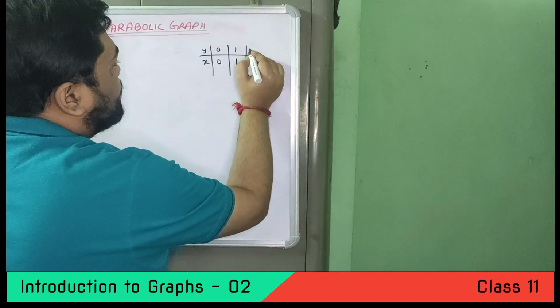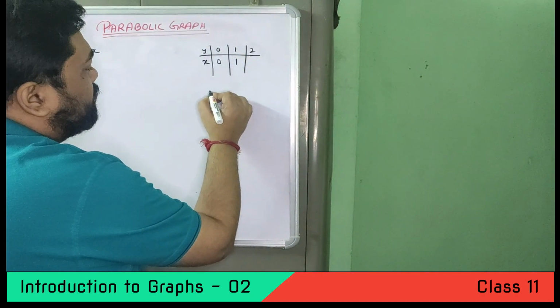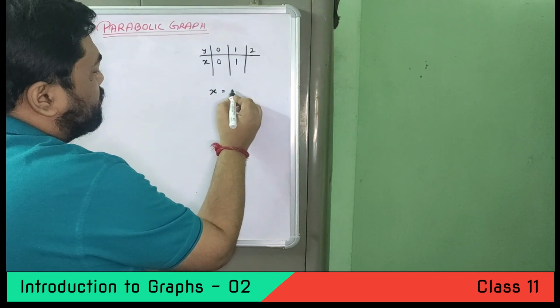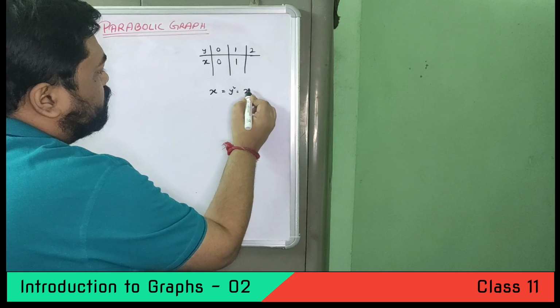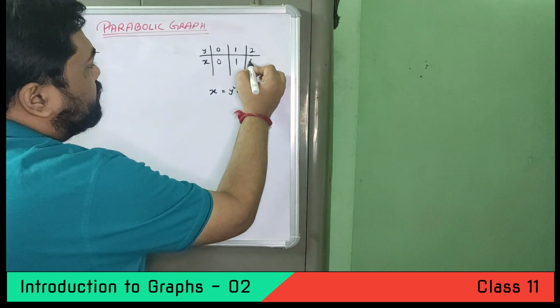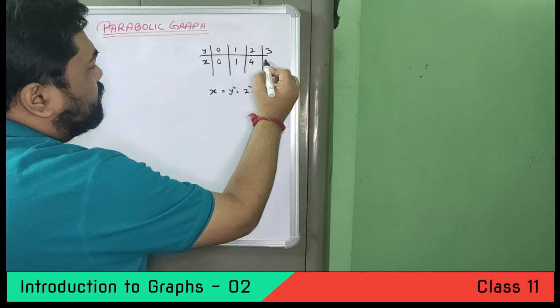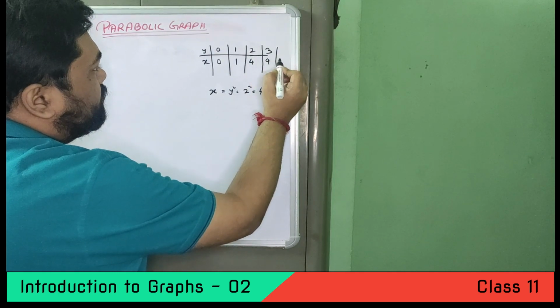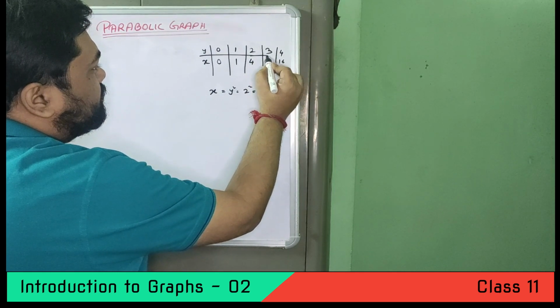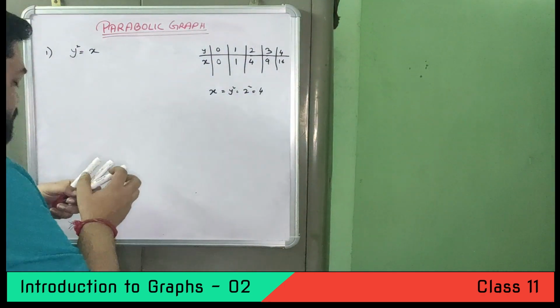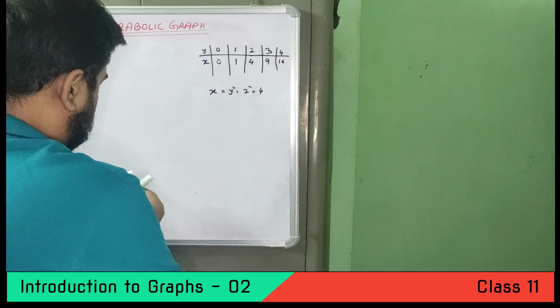Now if I put y as 2, x will be equal to y square, that means 2 squared, which is 4. So x will come out as 4. Similarly for y equal to 3, x will be 9, y equal to 4, x will be 16, and so on, right? So how to plot this in a graph?